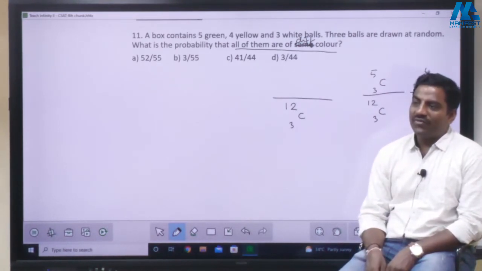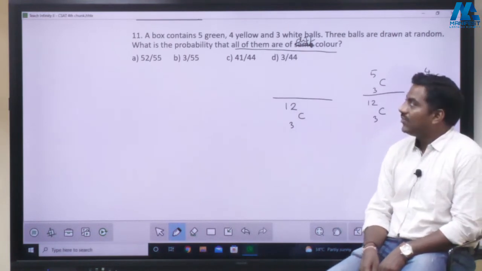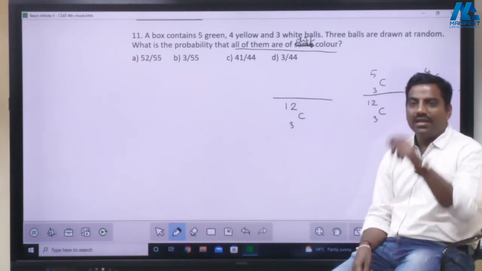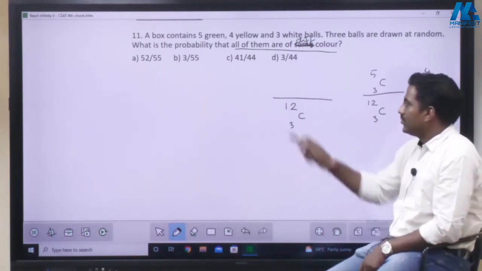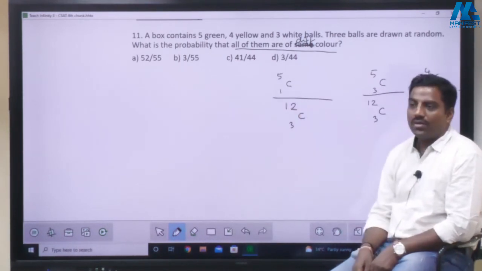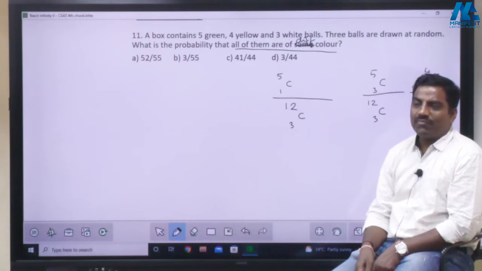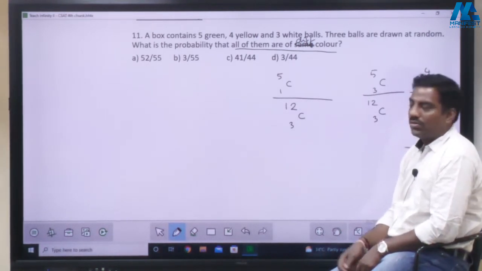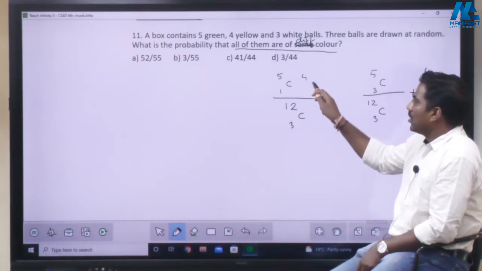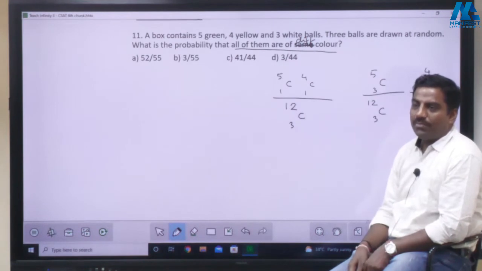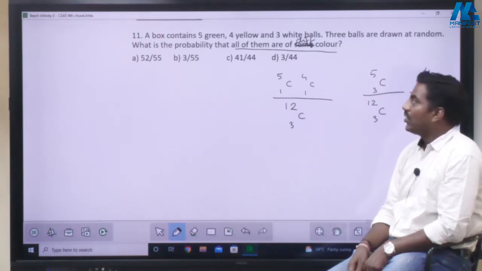Now, all should be of different colors. Let's say I'll start with green. What is the chance of picking one green out of it? 5C1. What is the chance of picking one yellow? What is the chance of picking one red?